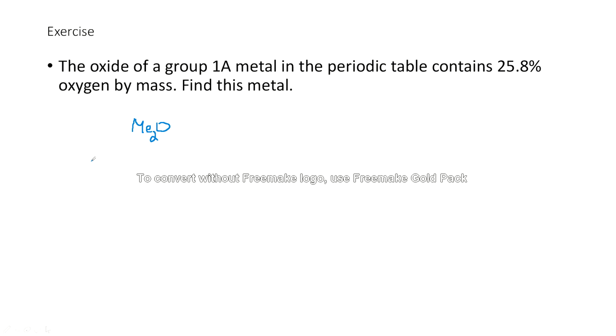Here 1 mole of oxide contains 1 mole of oxygen atom, and the molar mass of oxygen is 16 grams. So let's think, if 25.8% of that oxide contains 16 grams of oxygen, how many grams does the whole amount of the oxide have?